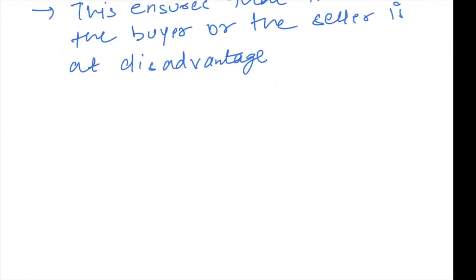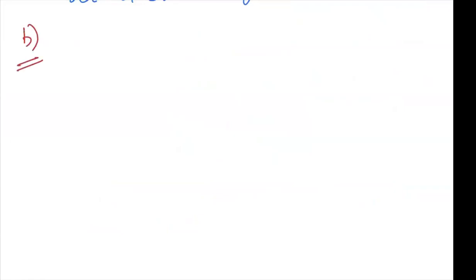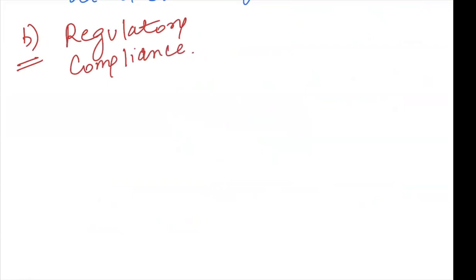Second, regulatory compliances. See, financial institutions are required to mark to market their positions, okay? And they need to ensure that they are accurately valuing the option contracts they have. So that's why they need a model in place, right? Of course, you know that in the trading book, you'll have different kind of European-based option.